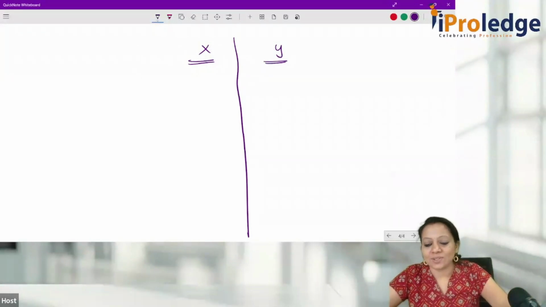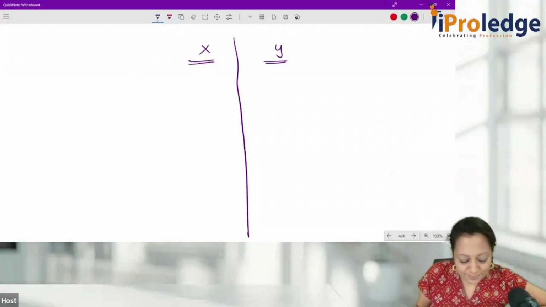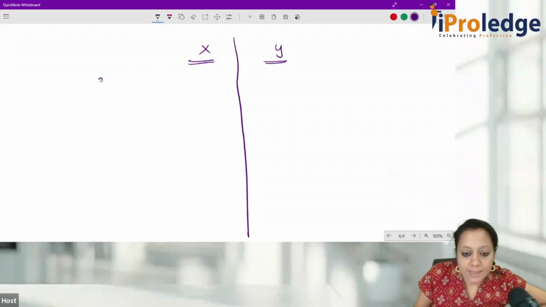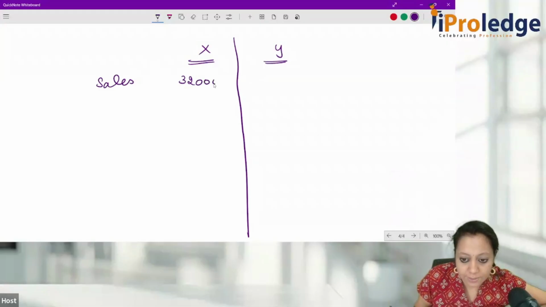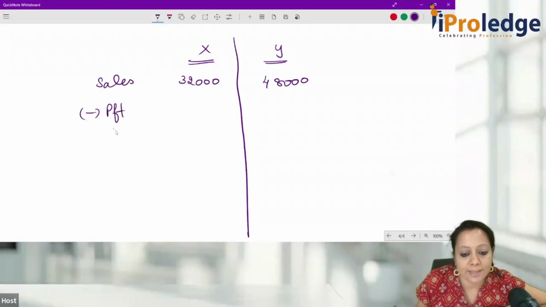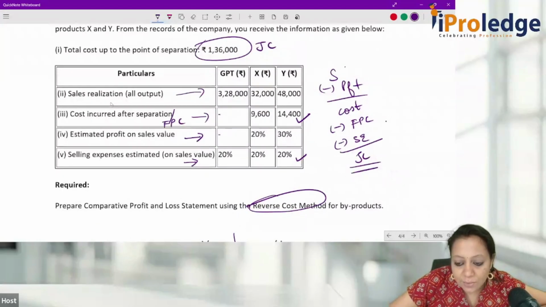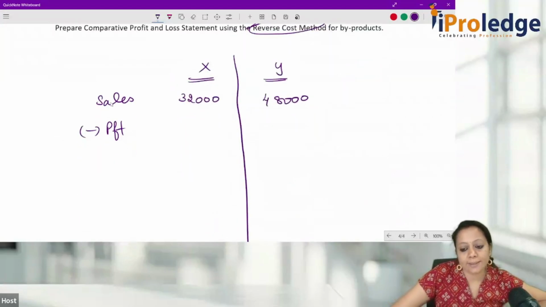Now we will proceed. Sales is given to be 32,000 and 48,000. Minus profit, because just now I discussed the reason also. Profit is given at what percentage? 20 and 30.